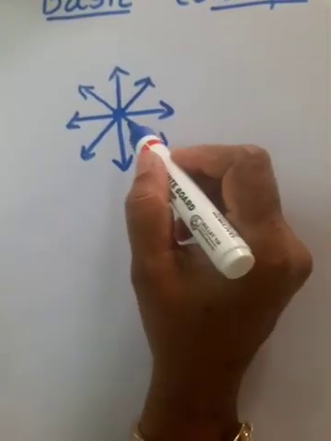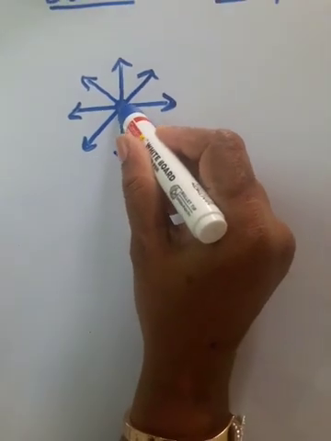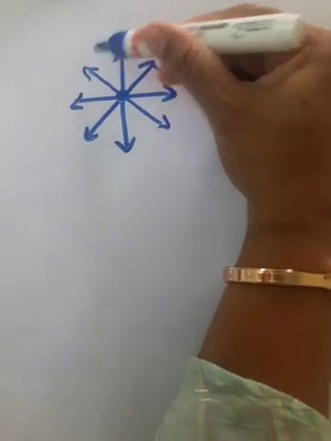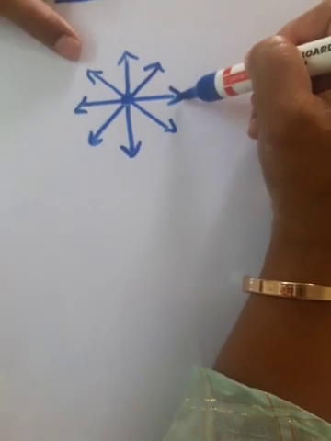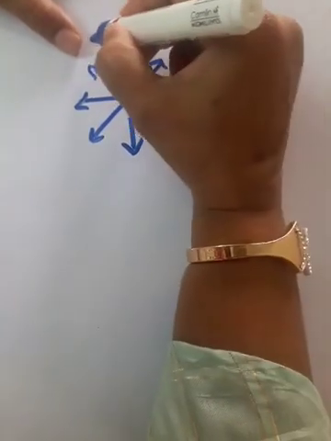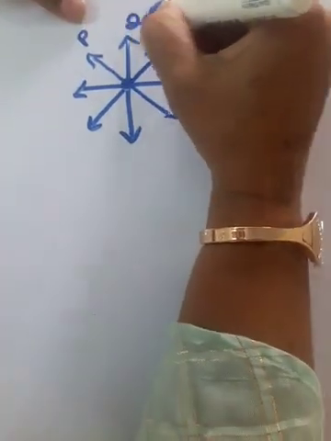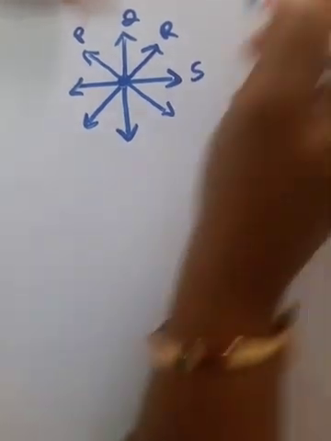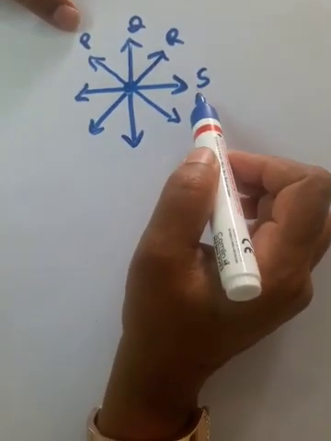So students, how many lines can be drawn through this point? So here I have drawn 1, 2, 3, 4 lines. So suppose I name these as P, Q, R, S. So I have drawn only 4 lines.